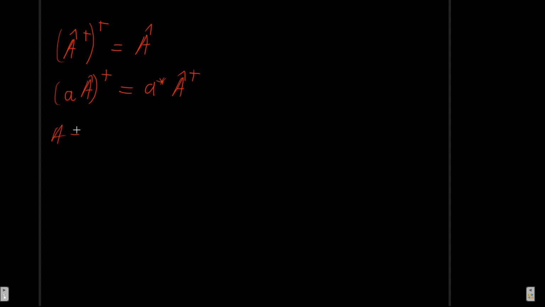If we have some sum of operators and we want to take the adjoint of this, then this is simply a matter of taking the adjoint of each one of these operators.